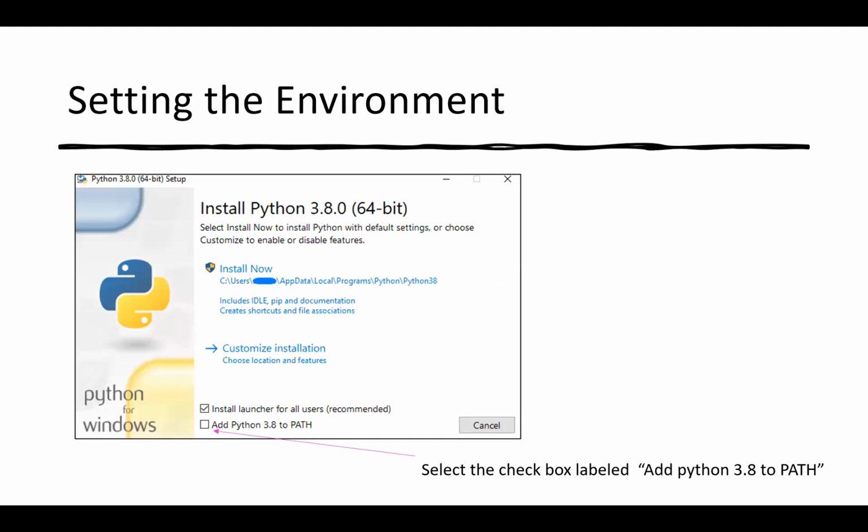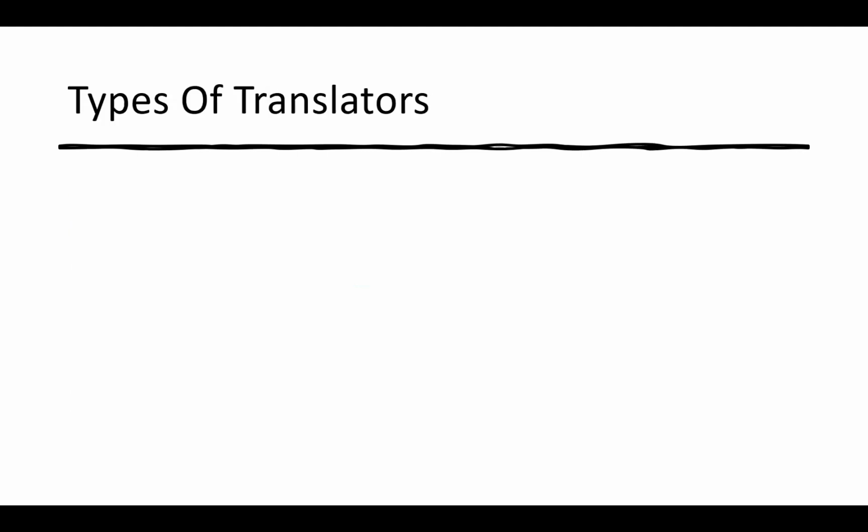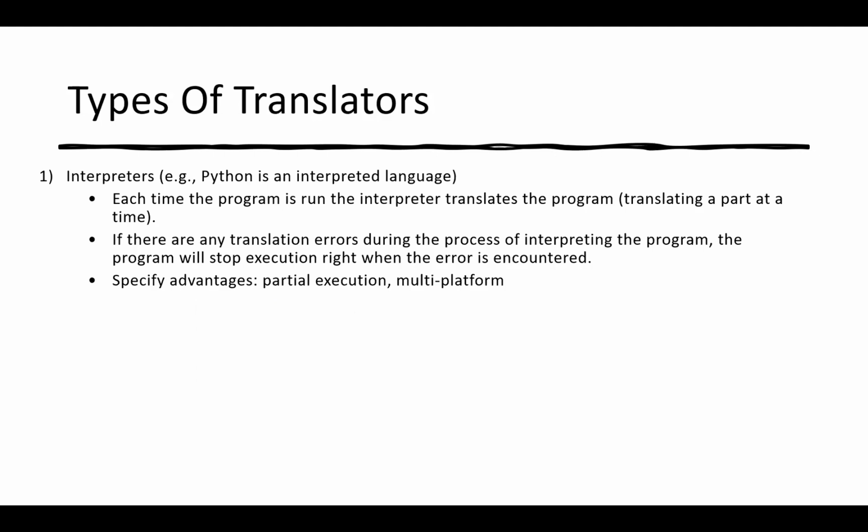We have already installed Python 3.12, and make sure you select the checkbox to add Python, whatever the version, to the path variable. And thereafter, we discussed the interpreter and the compiler. Yes, as you said, interpreter. Python uses an interpreter. Python is an interpreted language.